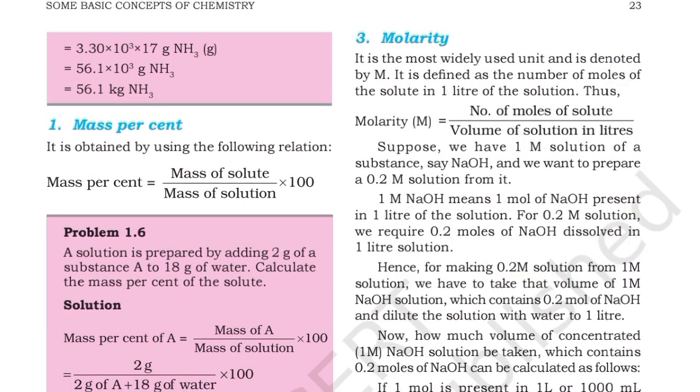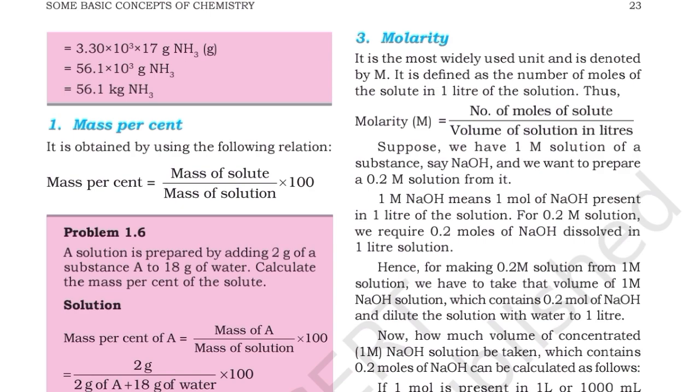Molarity. It is the most widely used unit and is denoted by capital M. It is defined as the number of moles of solute in 1 liter of the solution. Thus, molarity is equal to number of moles of solute divided by volume of solution in liters.